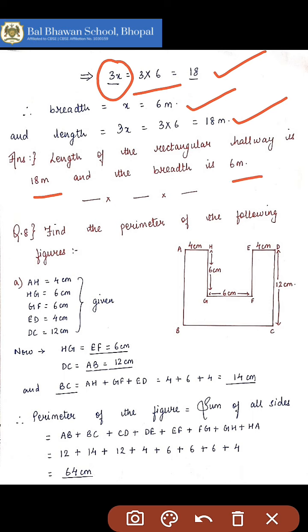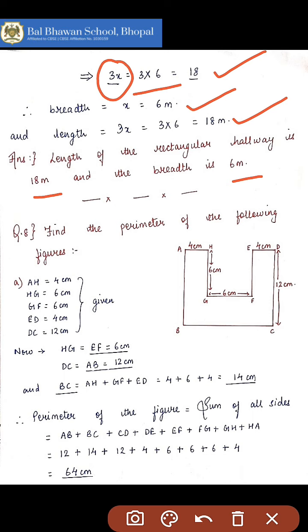Now there are a few figures given to you in the next question. Let's solve the first one. In this figure, the measures of 4 different sides are given to you, but the remaining are unknown.